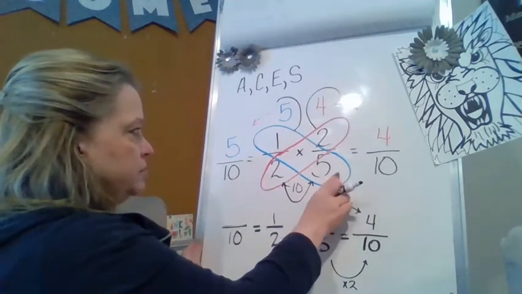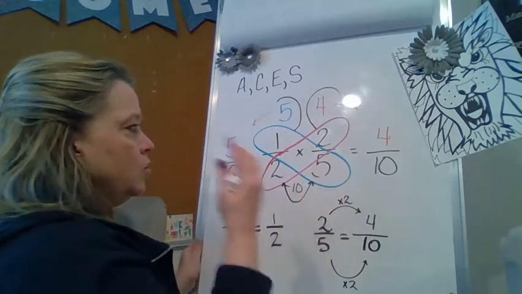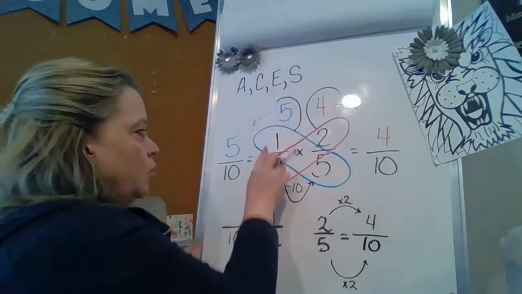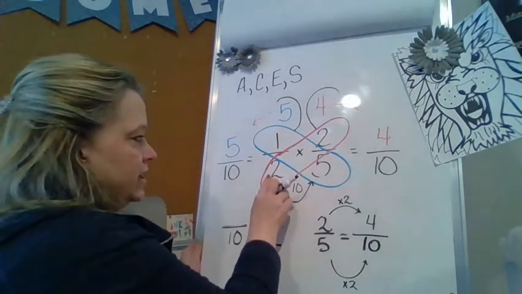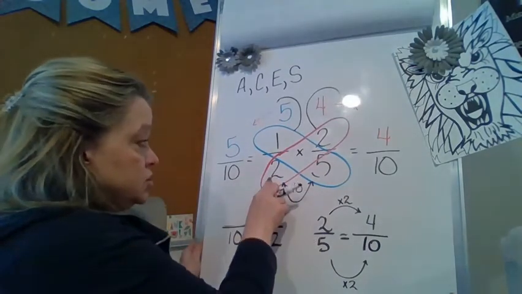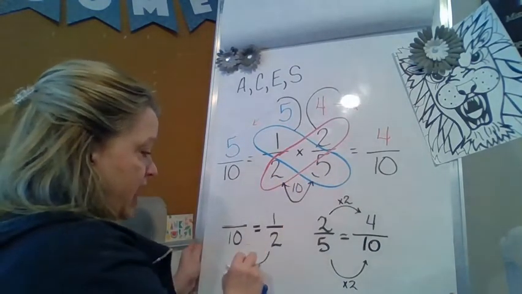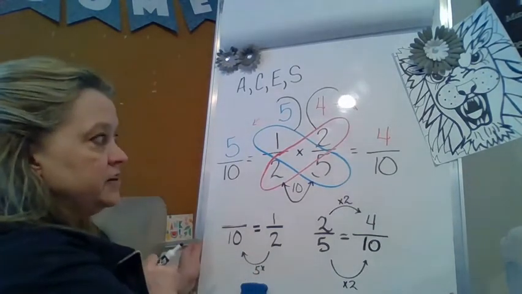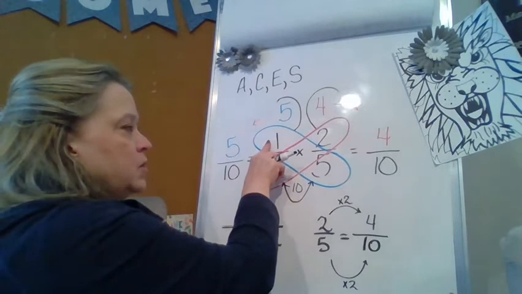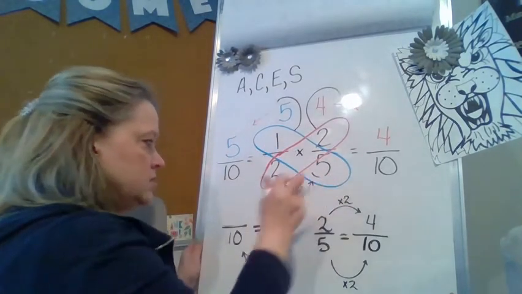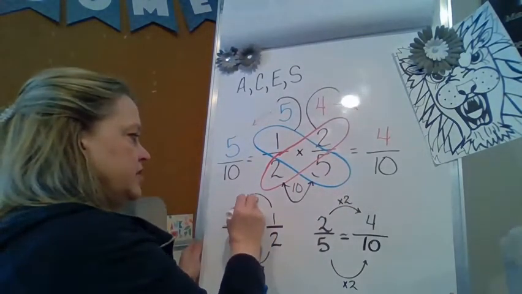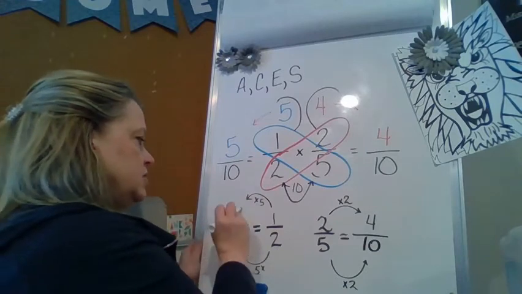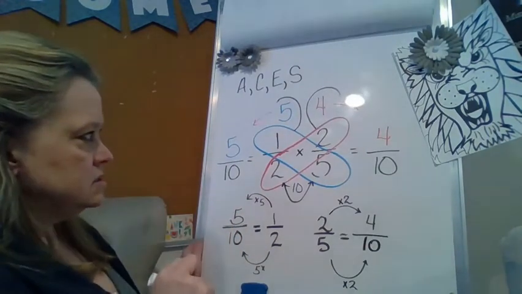Let's look at the other one, the blue, 1 and 5. 1/2. What did we multiply 1/2 by? Well, 2 was multiplied by 5 to get to 10. We already figured that one out. But 1 was also multiplied by 5 using this strategy, which gave us 5/10.